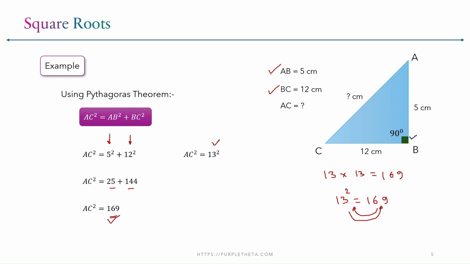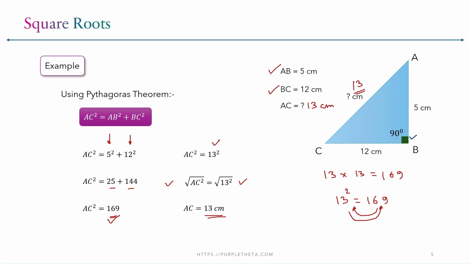Now we already know that finding the original number from its square is called finding the square root. So taking the square root both sides, we have square root of AC square is equal to square root of 13 square. So this way we get AC is equal to 13 or 13 centimeter. So the length of third side of the triangle is 13 centimeter.